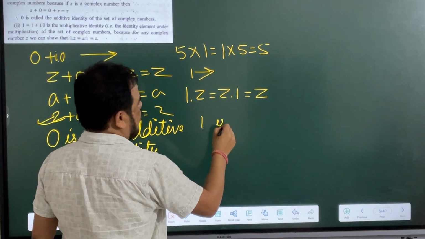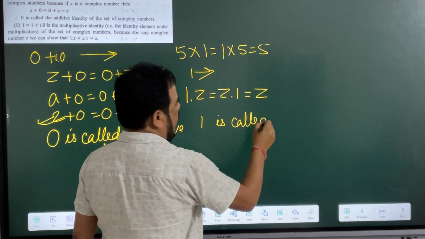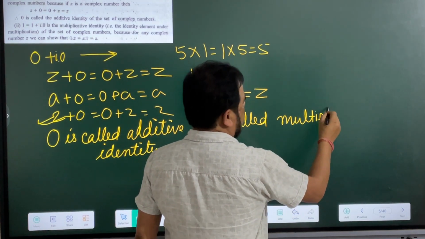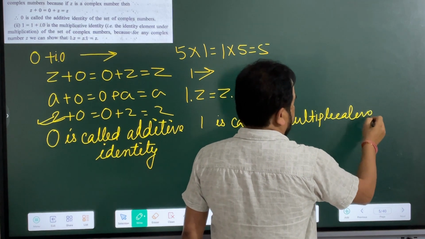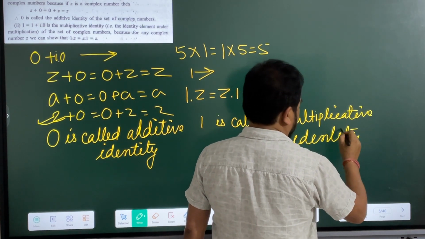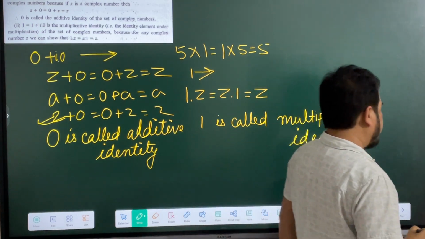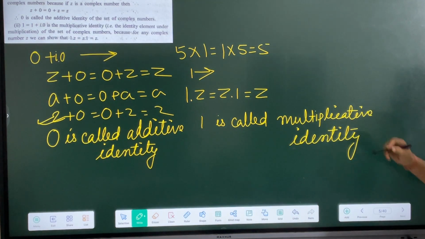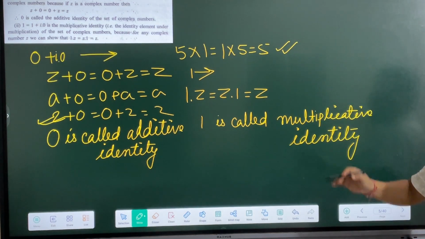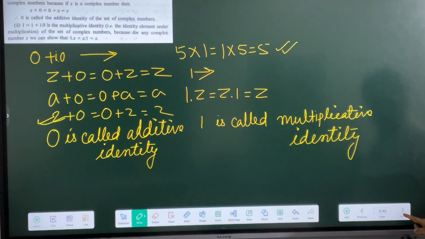Here 1 is called the multiplicative identity. This you learned already, so there is nothing new here. Same thing, only you have to use it for complex numbers.